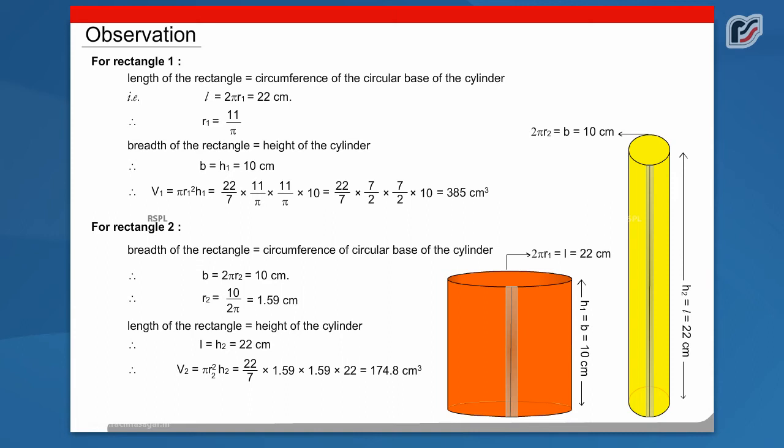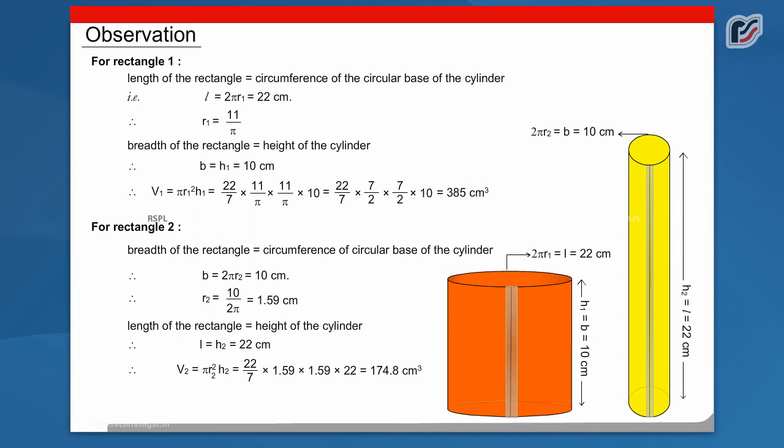Therefore, V1 is equal to pi r1 square h1 is equal to 22 by 7 into 11 by pi into 11 by pi into 10 equal to 22 by 7 into 7 by 2 into 7 by 2 into 10 equal to 385 centimeter cube.